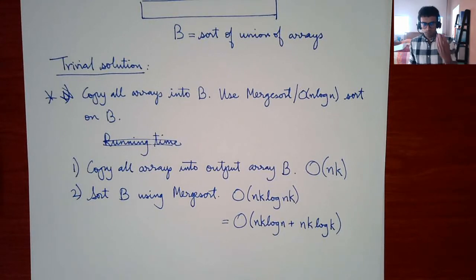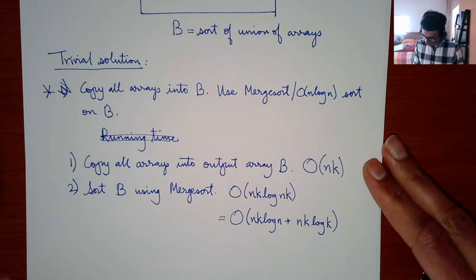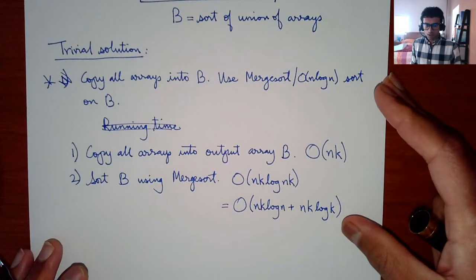Then the other solution that was given is also a fairly simple solution because you know how to merge, so all you have to do is merge k times. Let's analyze that solution because the running time is a little bit more complicated.